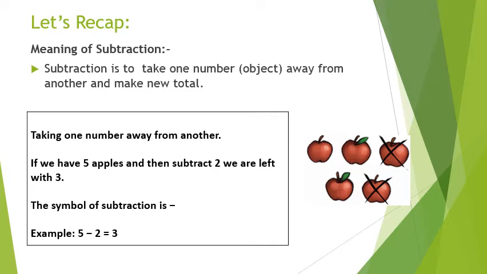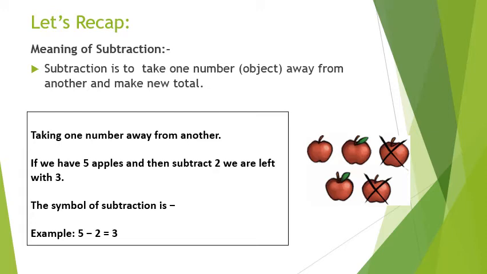Can you see, children? Example, 5 minus 2 equals 3. So, the same sums I have explained to you before also, that by using pictures, you can subtract. Do you remember, children?